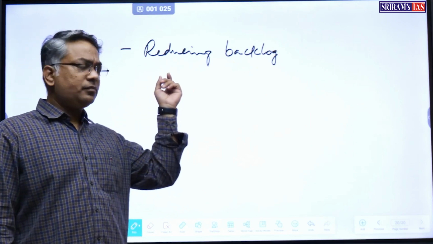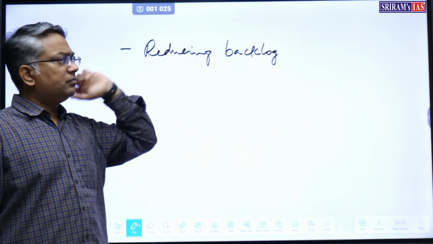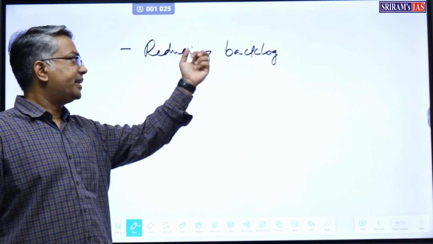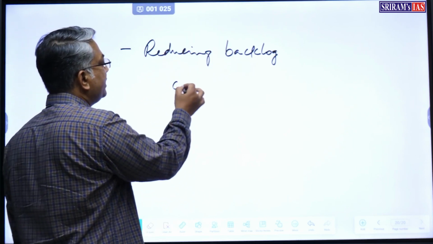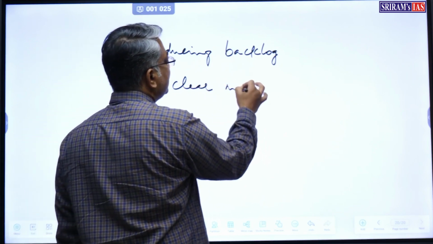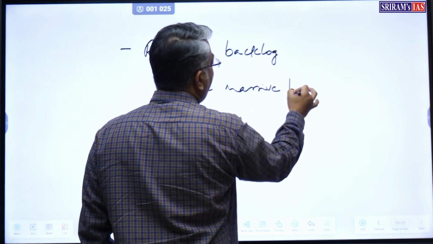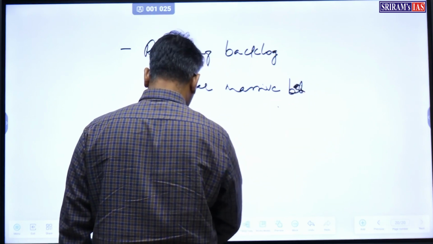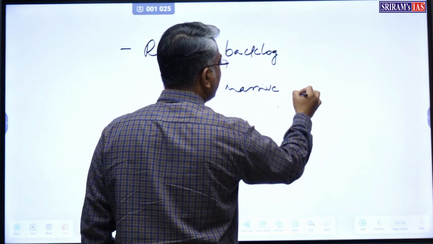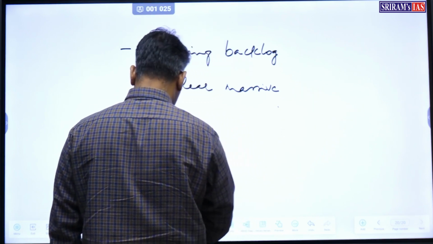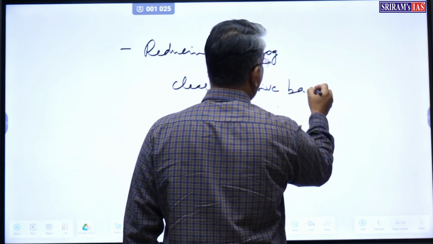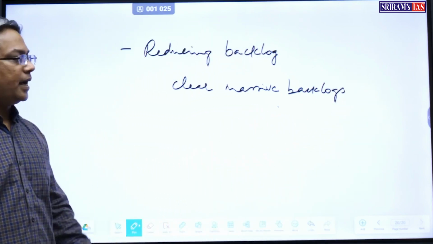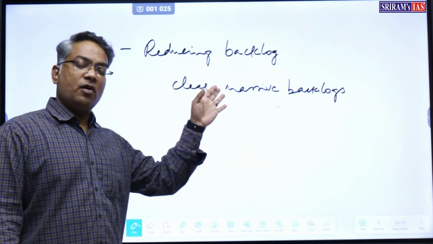So, the speedy trial of disputes, that is procedural flexibility, clears massive backlogs in the Indian judicial system, as well as provides justice for all.